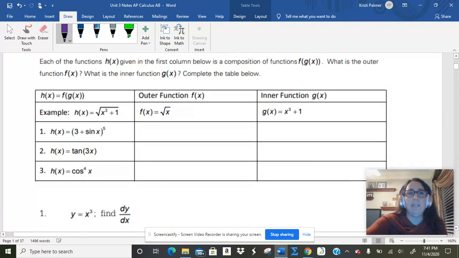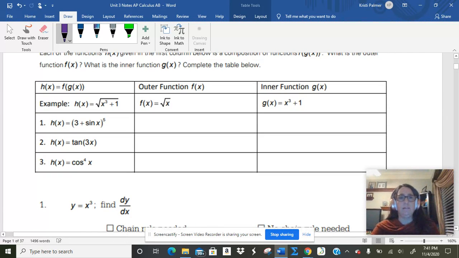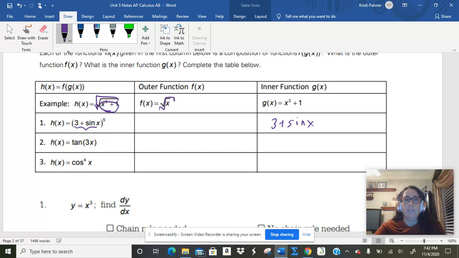So let's practice seeing some inside and outside. So here, do you see how this inside function is x to the third plus 1, and the outside function is like a radical x? So let's practice. What's the inside function here? 3 plus sine x. And what's the outside function? It's basically if that whole thing was an x, x to the fifth.